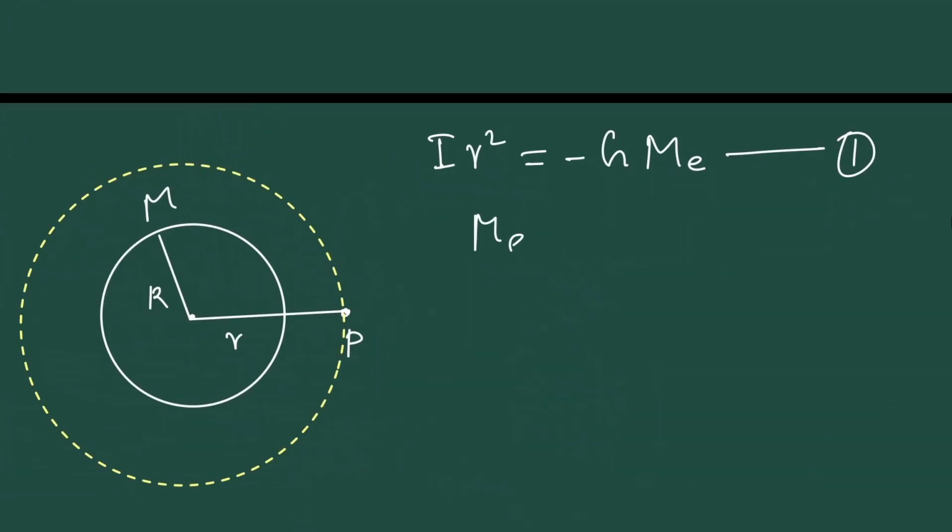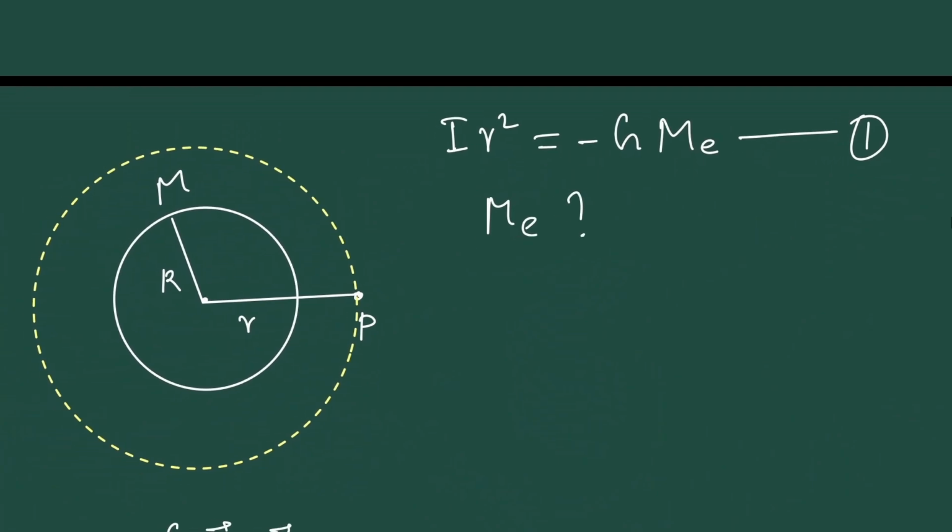Now what about the mass enclosed? Well, mass enclosed is just the total mass that has been occupied by this Gaussian sphere. Well, in this case, when we have the point outside the solid sphere, the entire solid sphere has been enclosed by this Gaussian surface. Therefore, this mass enclosed is just going to be the total mass of the sphere.